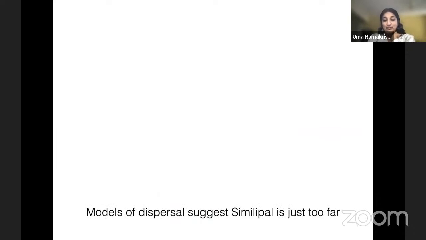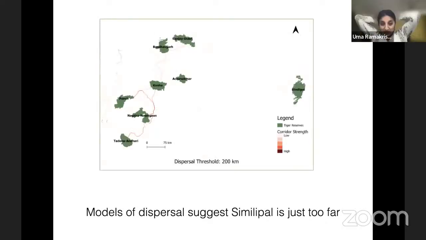Now, why is Simlipal isolated? So we did some landscape analysis to try and look at this. This is the landscape, and you can see immediately that there is no other protected area with tigers very close to Simlipal. Okay, so Simlipal is just very, very far.